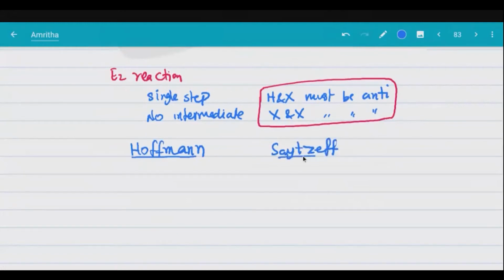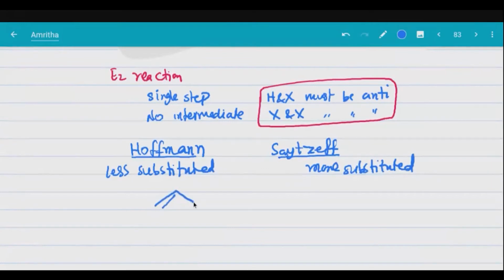What is the difference here? Hofmann product means less substituted. Saytzeff means more substituted alkene. Sir, what is less substituted? What is more substituted? If I take butene, 1, 2, 3, 4, there are hydrogens.